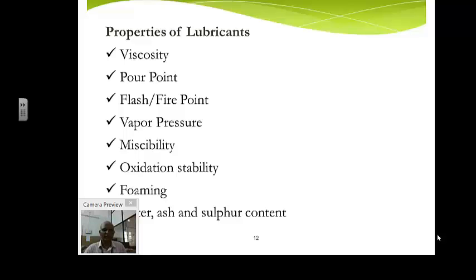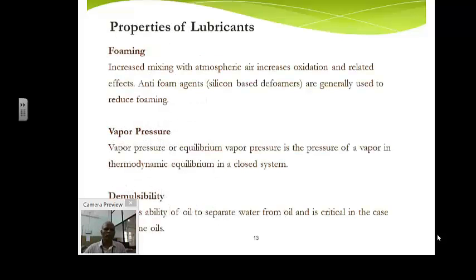Anti-foaming abilities, and low ash and sulfur content. Foaming happens when it is mixed with atmospheric air, and it leads to oxidation and related effects. So anti-foam agents are added as additives in order to reduce this foaming tendency.